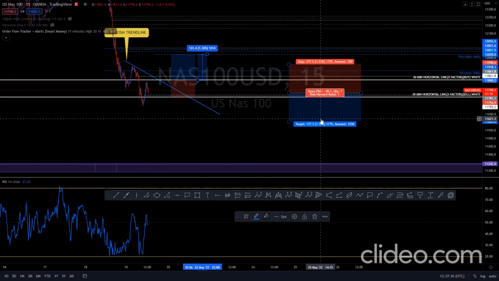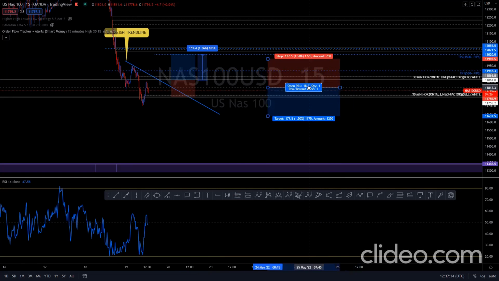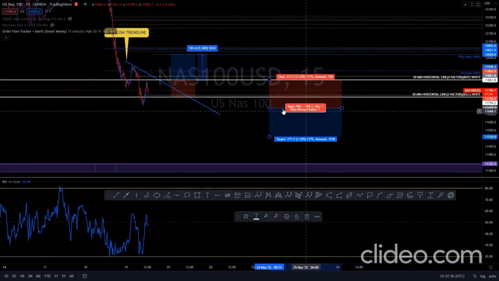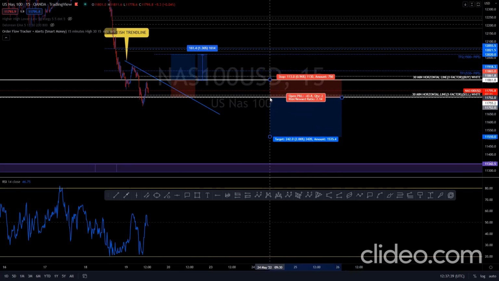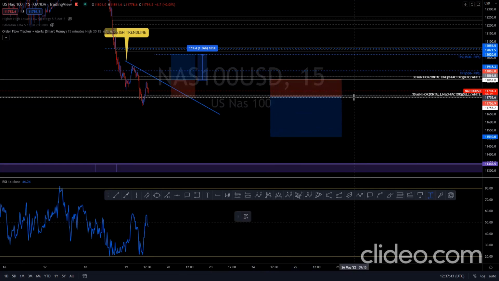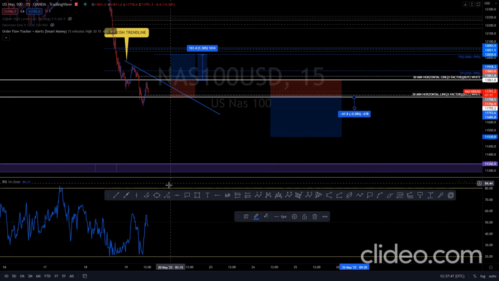There we go. Let me move this over. And this is going to be for the sell. If the price sells, I want to get at least 10 pips worth of NAS, which is around 500, 600 pips.